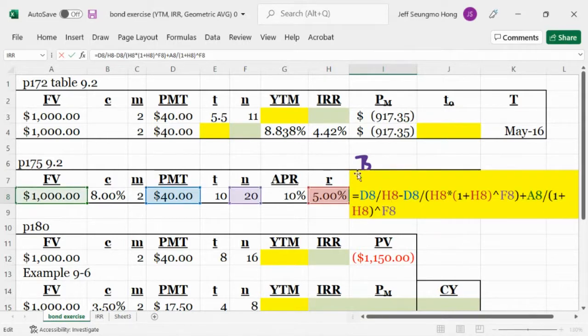And I told you this is actually P_B, the rational price or the intrinsic value, but also the market price in equilibrium. The reason I'm saying it is also P_B is because in case of a bond, there's very little room for the discrepancy between the market price and the rational price.